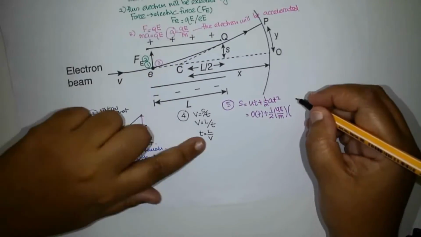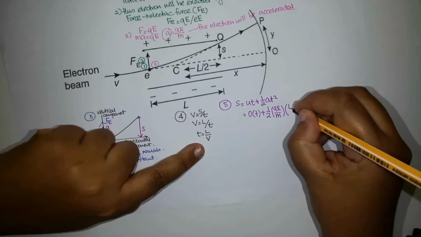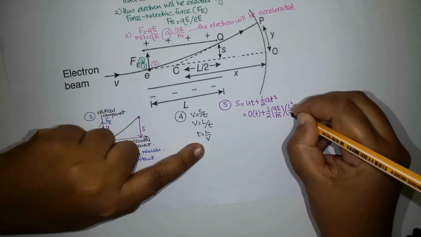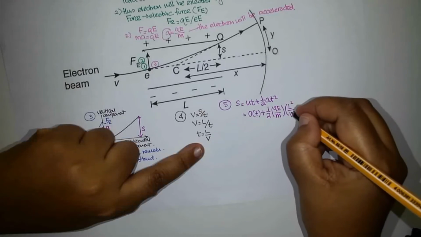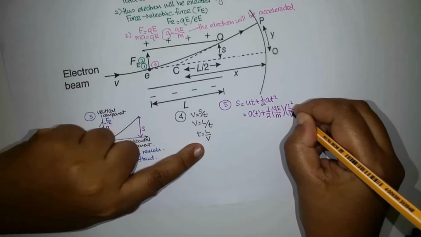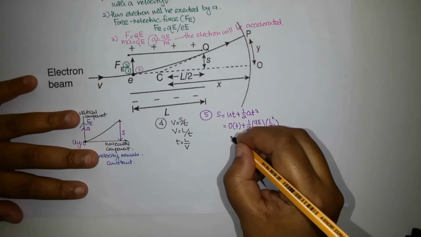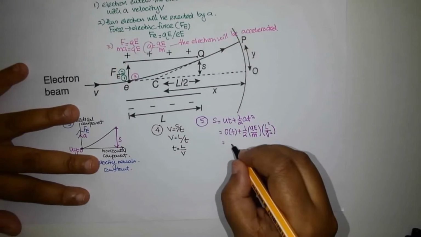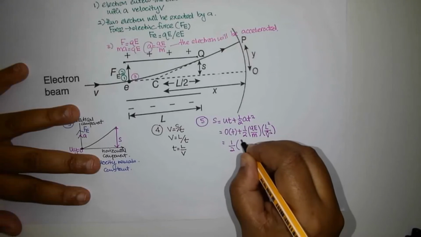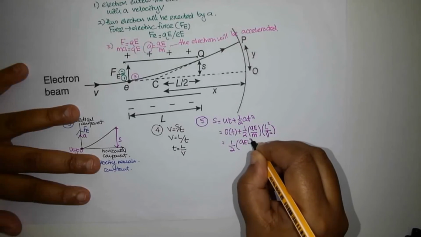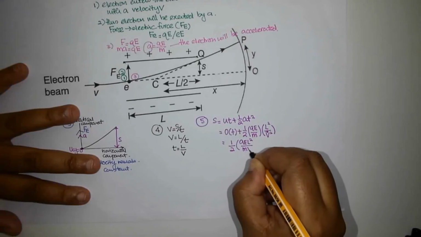T is L over V, so I get L squared over V squared. V is the velocity. So how do we find S? S equals half QE L squared over M V squared.